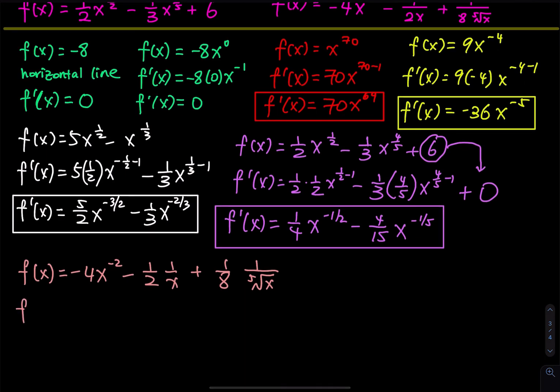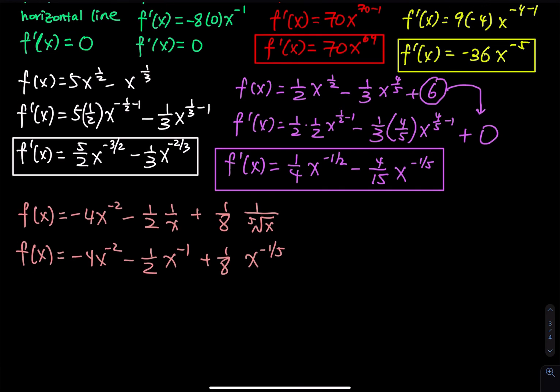And then let's take care of the 1/x and the 5th root. -4x to the -2, and then minus 1/2 x to the -1, and then 1/8, so that is x to the -1/5. And then we do the derivative.